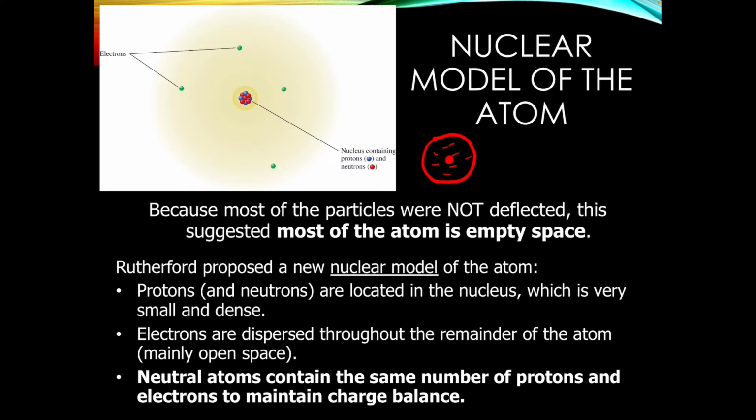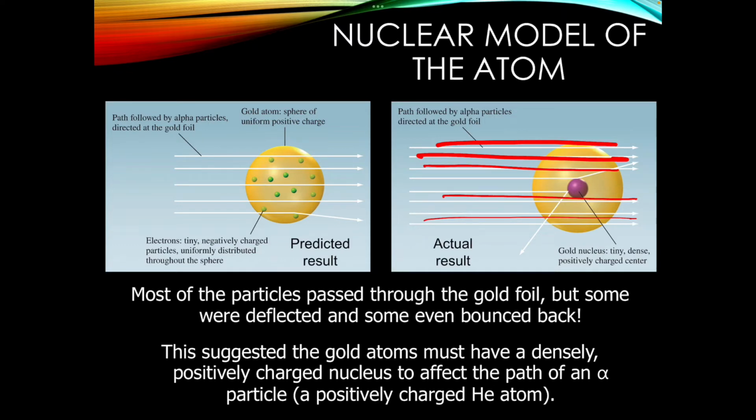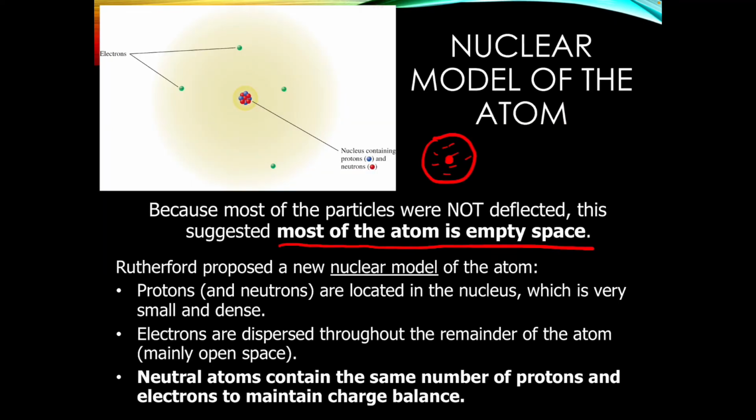We know it's really small because most of the atom was empty space. Remember, most of those alpha particles went straight through. Very few of them were deflected. So most of it was actually empty space, but there's something really hard and small and dense in the middle of the atom.